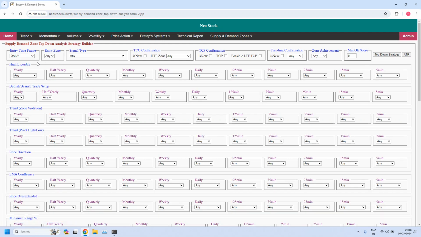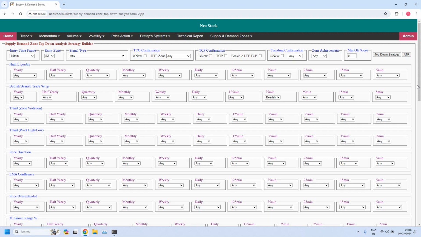Bearish trade setup for a weekly income trade. The weekly income trade entry time frame, that is our LTF, is 75 minutes. Entry zone should be supply zone. And in the bullish or bearish trade setup for the 75 minutes time frame, I am selecting the value bearish.